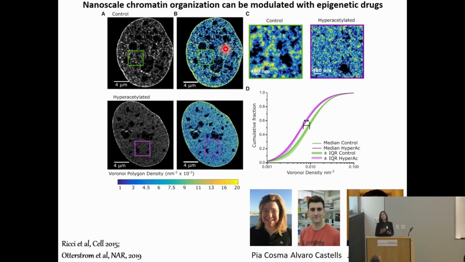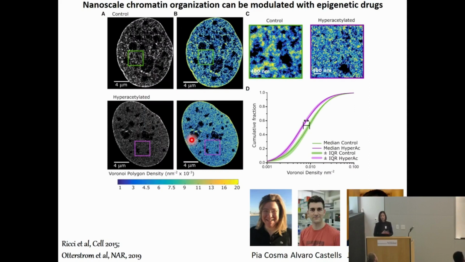And these images give us very similar information to the nucleosome images. So once again, you can see those nanoscale packing domains appearing as high-density regions. And what I'm showing you here on the top is a wild-type fibroblast nucleus, and on the bottom is a fibroblast nucleus that has been treated with TSA. TSA is a potent inhibitor of the HDAC enzyme.